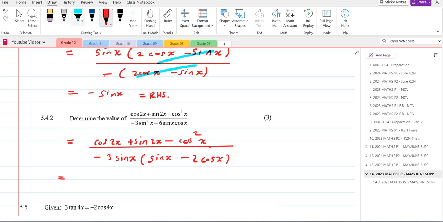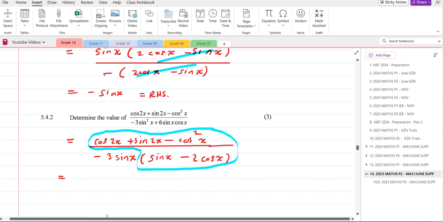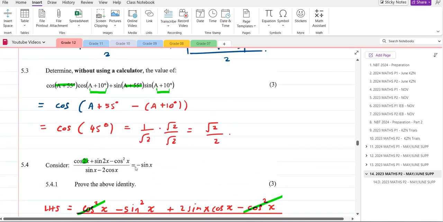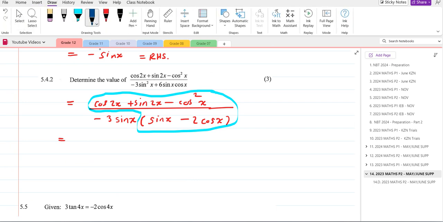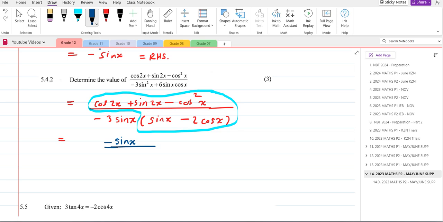Now focus on this. What is this entire thing over here? We already know that this entire thing that I've highlighted is basically negative sin x. So we're going to write negative sin x over negative 3 sin x. Now sin x cancels out, we are left with 1/3.